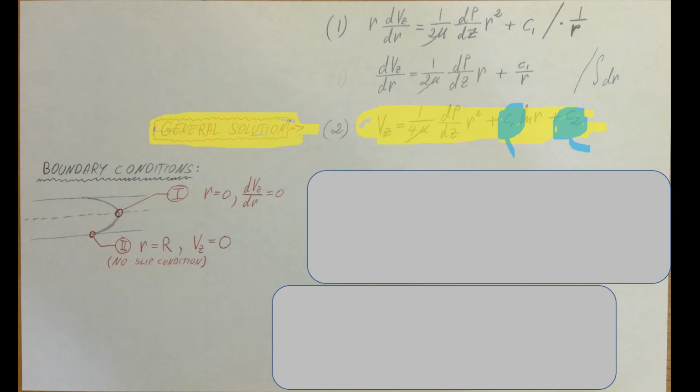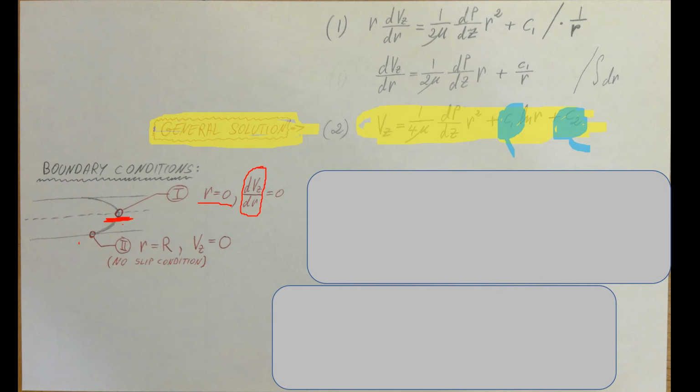First one, I'm gonna take a point right here at the center on our z-axis, where r equals 0, and here we know that the derivative of vz with respect to r is also 0.